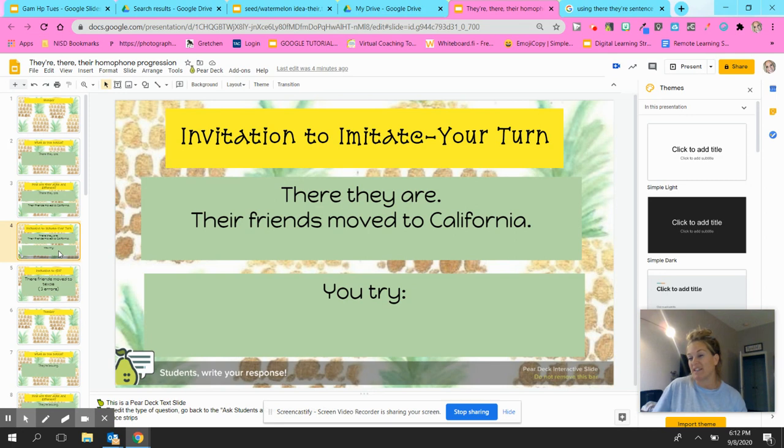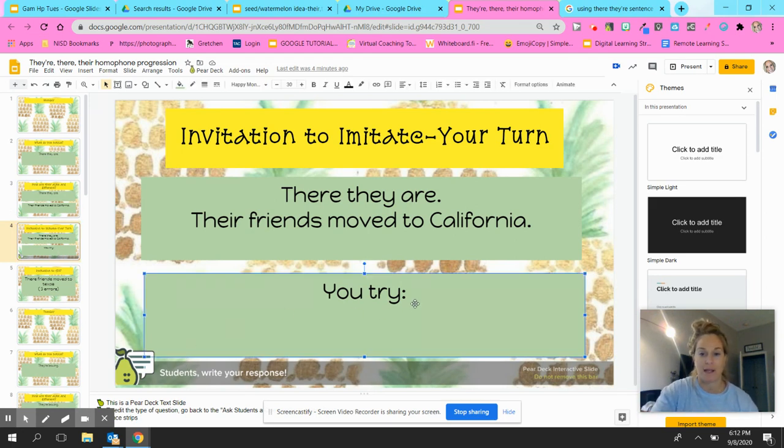So I think I'm going to do the second sentence, and I'm going to write their friends moved to Texas because I'm from Texas. But I'm going to make sure that I use the correct there because they use that correct there. I'm not going to use the there up there. And then I would model and might even do something like down here just to show them oh, that's not right because I need to use the one below.